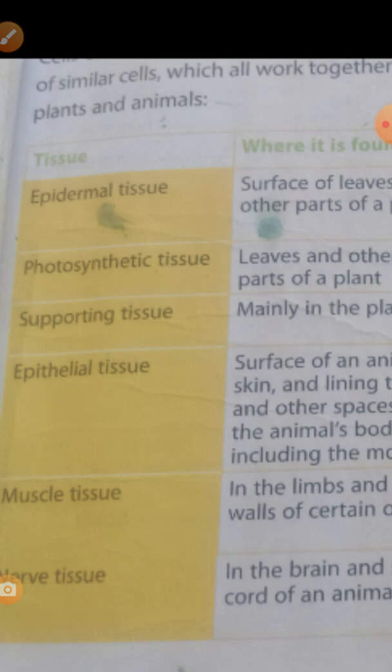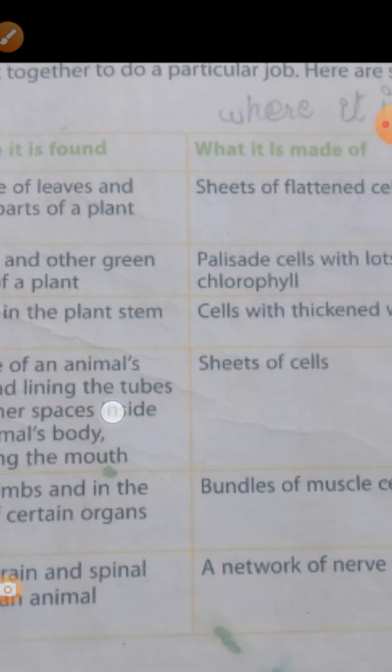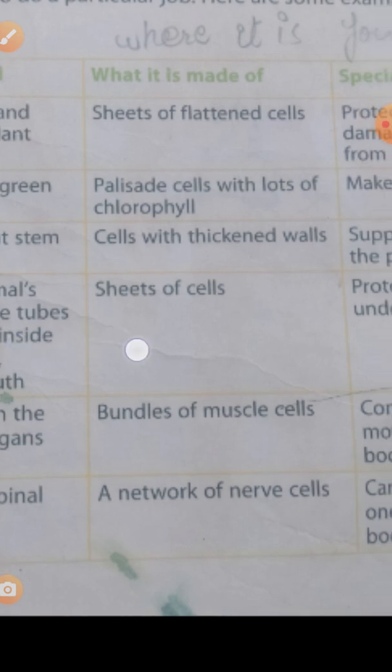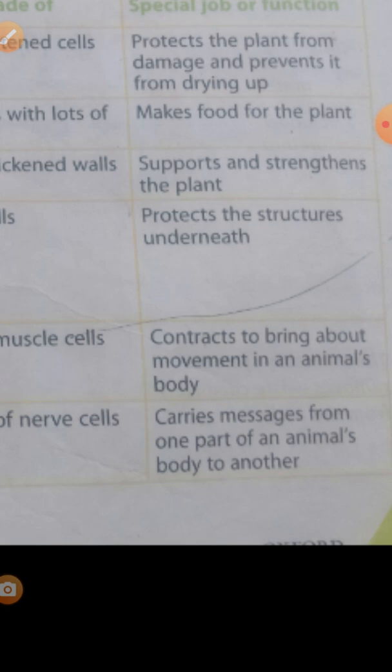Now there are epithelial tissues. They are found in the animal body, animal skin, and tubes inside the body, including the mouth. They are made up of sheets of cells and they protect the structure underneath.